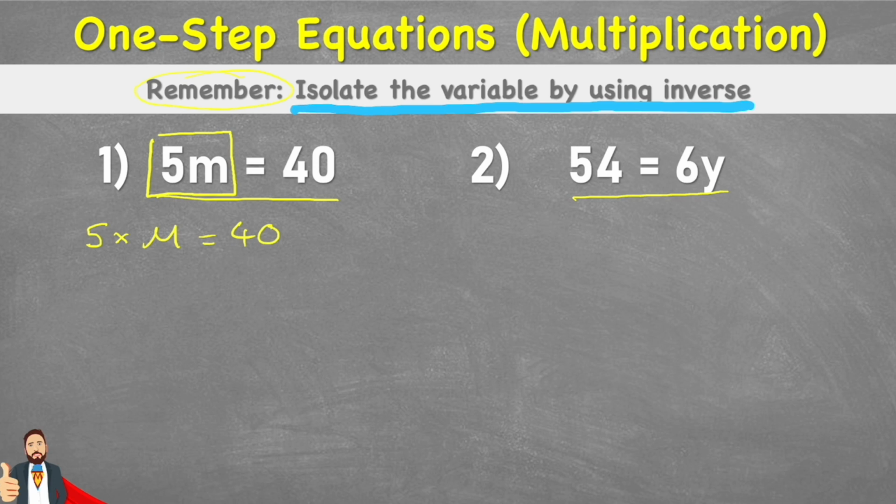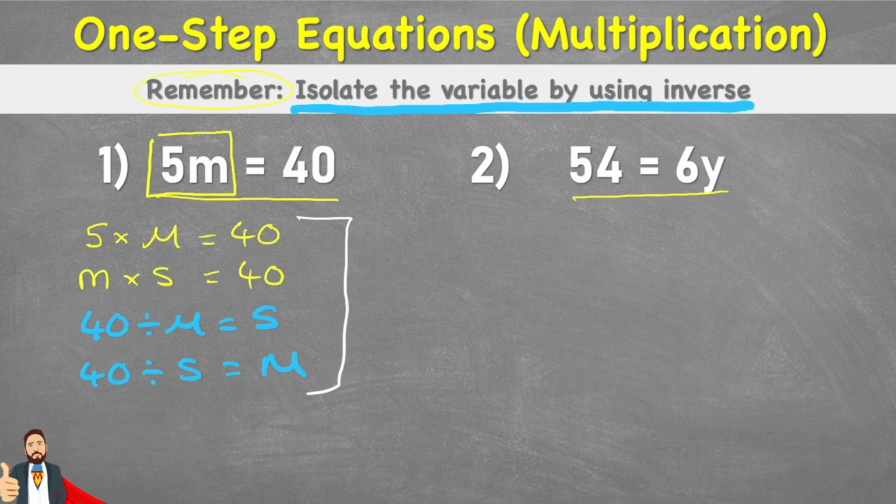Well, if 5 times m equals 40, then m times 5 must also equal 40. And we also have two division questions, two inverse questions. I could have 40 divided by m equals 5, or 40 divided by 5 equals m. And what we'll notice with all of these 4 sentences, they are all using the same 3 expressions, 5, m, and 40.